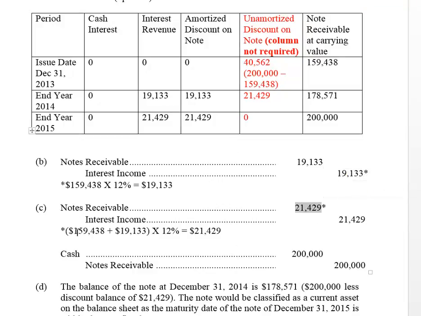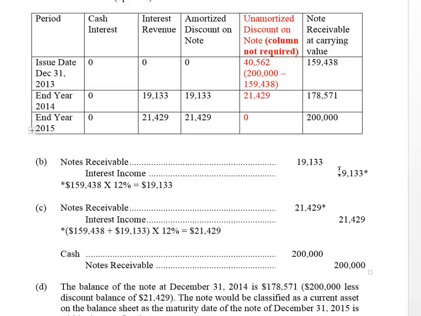We can also calculate it math-wise without a table by taking the opening carrying value of the note at the date it was made, adding in the amount of interest revenue that we booked, which also increased the value of our note, as we said previously, to $178,571. So take those two amounts and multiply them by 12% to get $21,429 as your interest income or interest revenue.